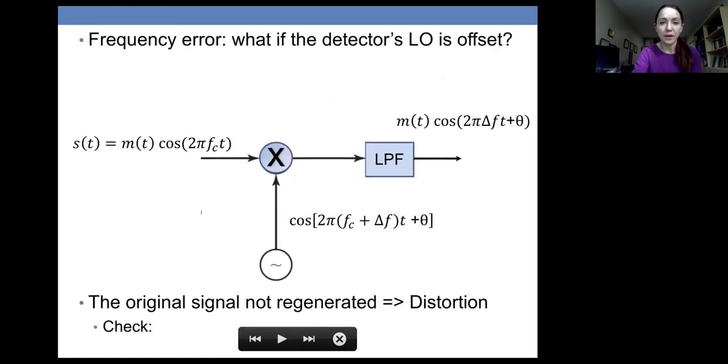Okay. So last time we discussed what happens if the detector's local oscillator has a frequency mismatch and a phase offset.